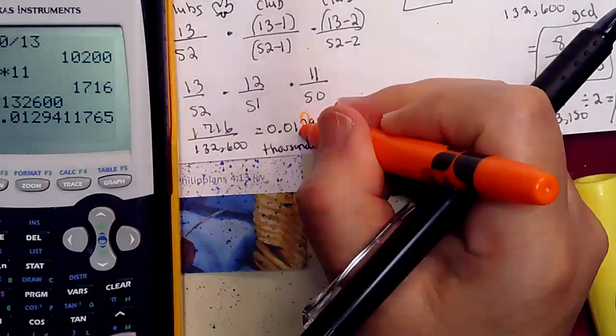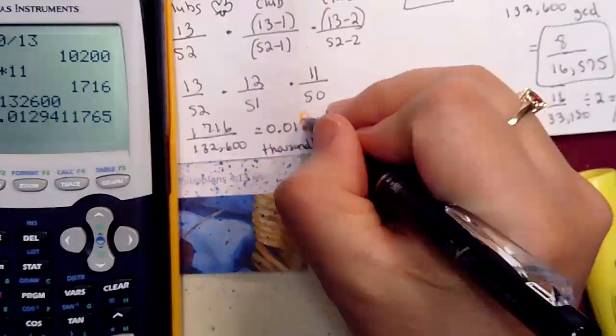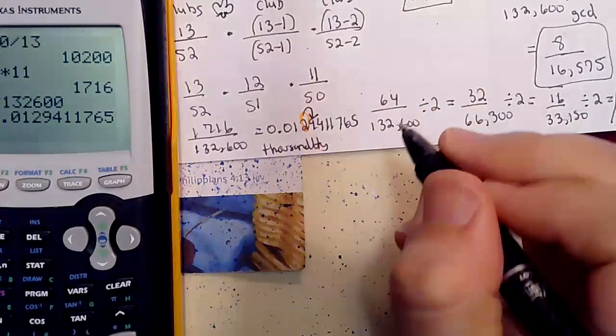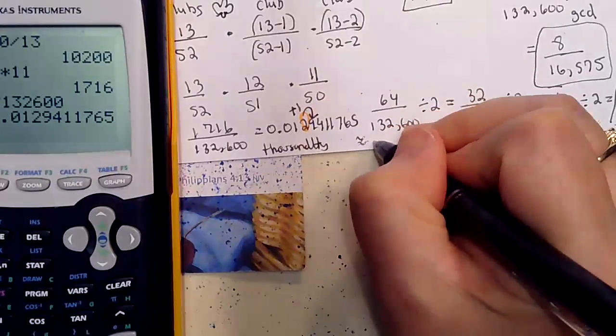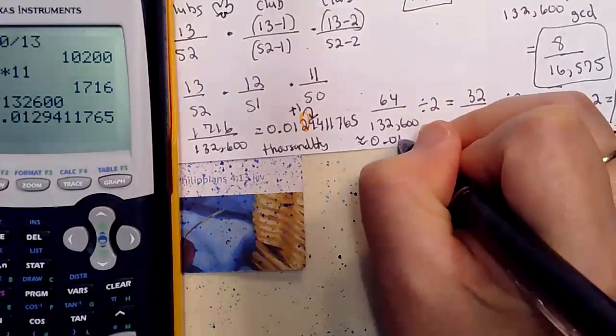Then you look at the number to the right. Is that 5 or more? Yep, that looks like a 9, so you're going to add 1. So that's going to be about 0.013.